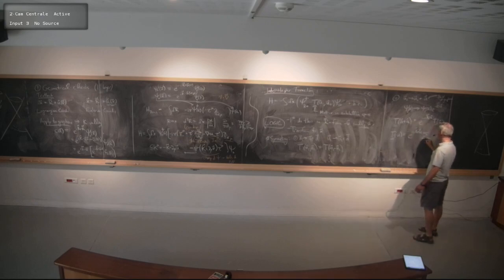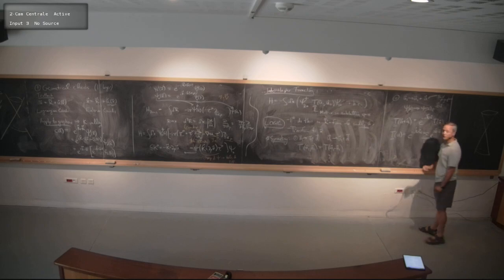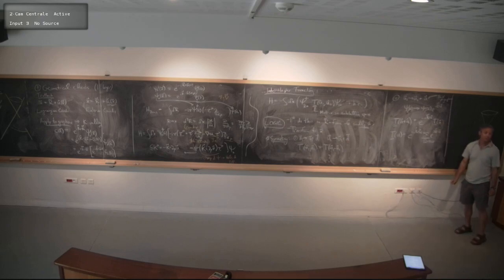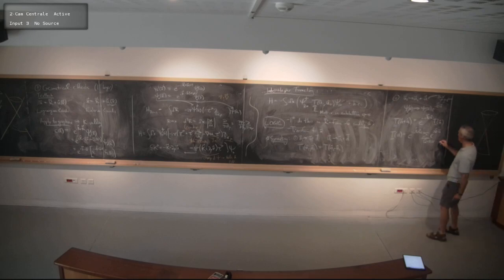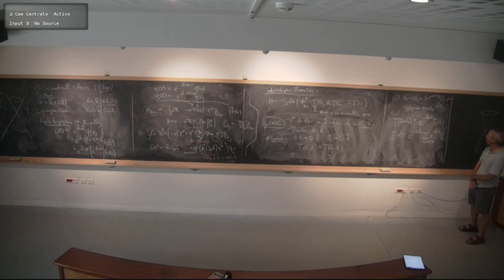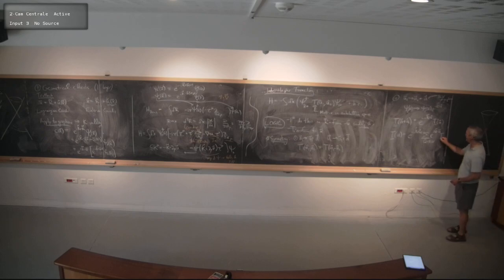We can write it in general as a sum over reciprocal lattice vectors Q of e to the I Q dot U, where these are reciprocal lattice vectors for graphene, and each one can be multiplied by a T of Q.